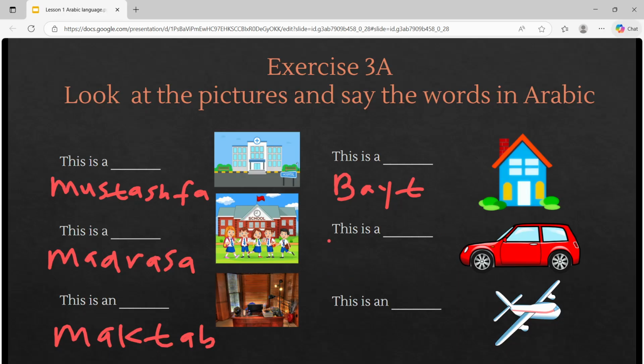All right. This is a car. What do we say car in Arabic? Sayyara. This is an airplane. In Arabic it means طائرة. Yep. مستشفى. مدرسة. مكتب. بيت. سيارة. طائرة. All right.